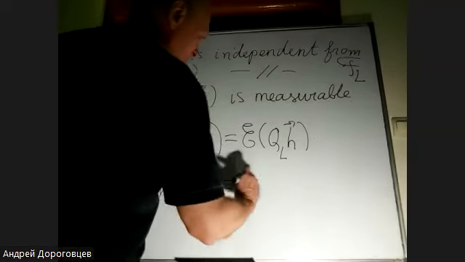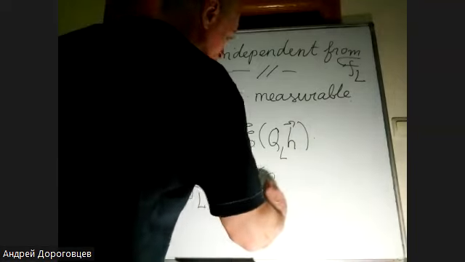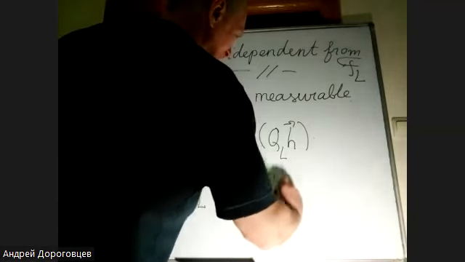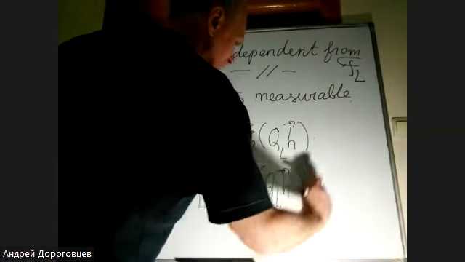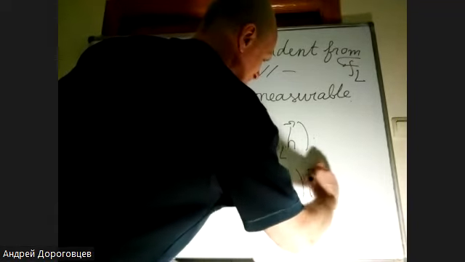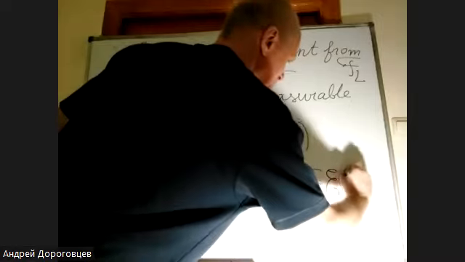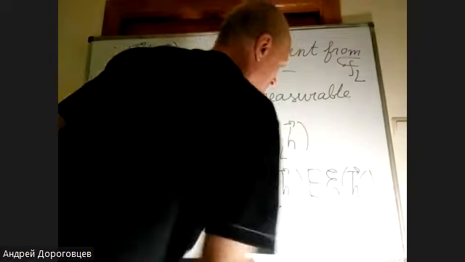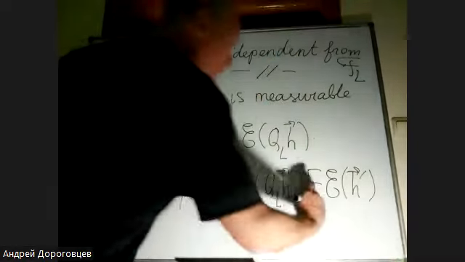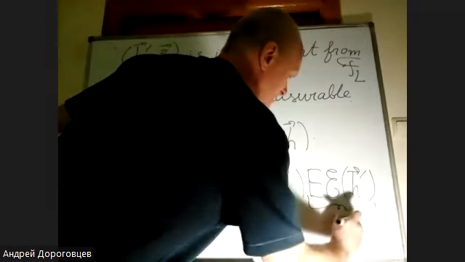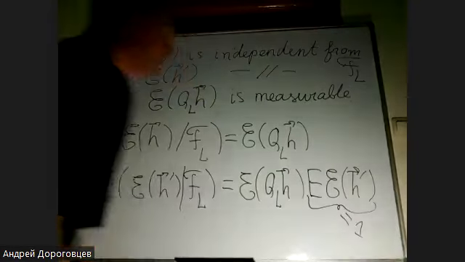So we have this one, E(QH), and here we have the expectation of another exponent related to the vector H prime. And we already proved that it is equal to 1.